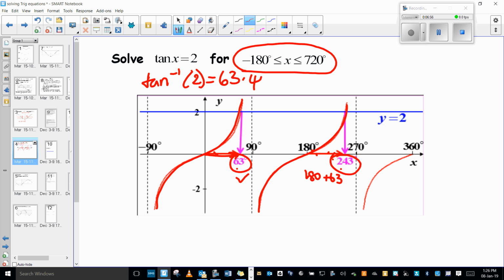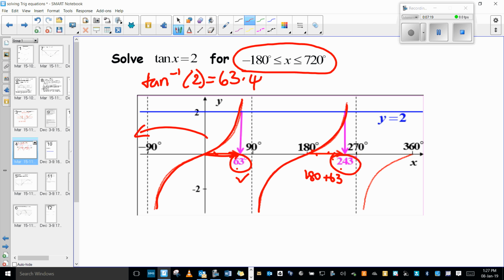Are these two the only solution within this range? No. If you remember, the graph keeps going on and on forever and ever. So, how would I find any values in this direction? Subtract 180. Why are we subtracting 180?